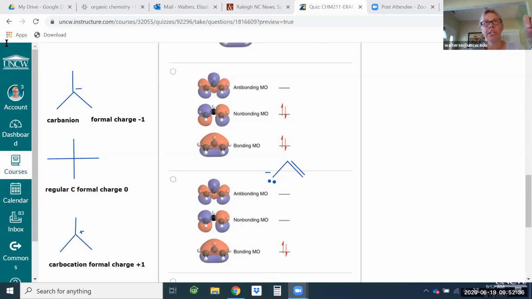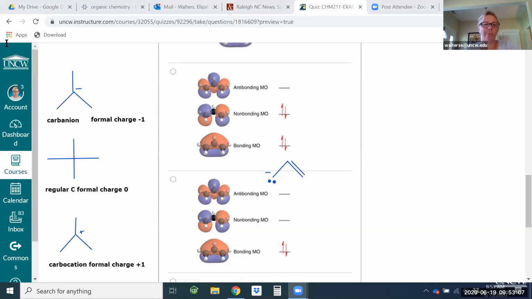Formal charges that are higher or lower than -1 and +1, those are really rare to find, because having an atom with a formal charge, whether it's positive or negative, is not the atom's most stable bonding situation. And so the farther you deviate from the structure that would result in a formal charge of 0, the less stable that structure is.